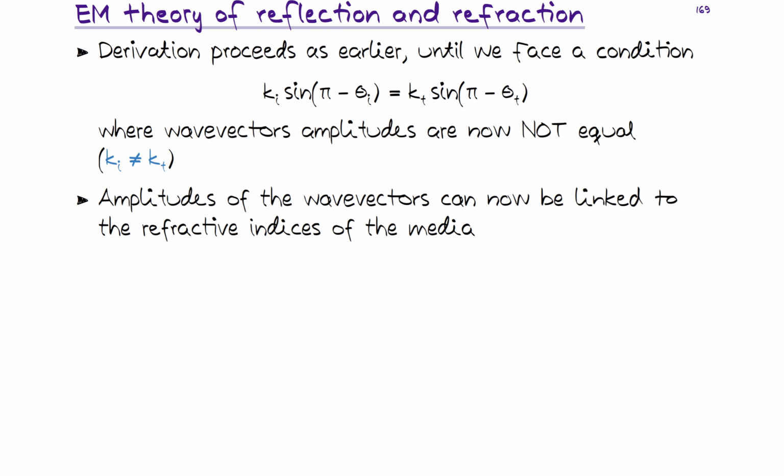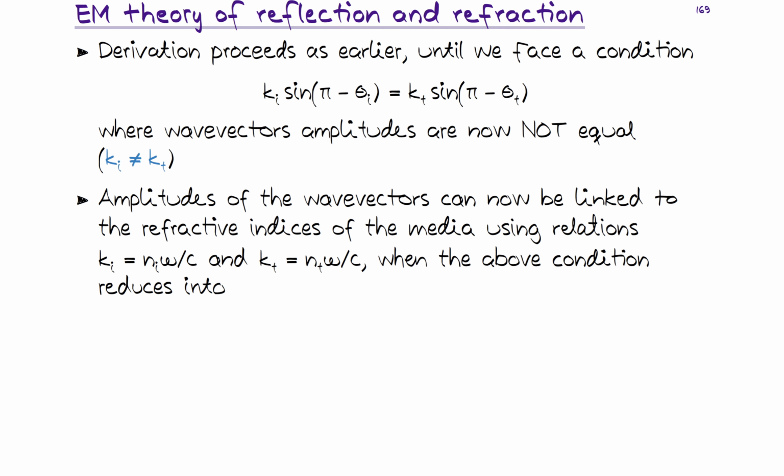We can link the amplitudes to the refractive indices of the media, using the relations familiar already from chapters 2 and 3: ki equals Ni, the refractive index of the medium I, times the angular frequency omega divided by the speed of light c, and of course the same thing for kt, with Nt as the refractive index, times omega divided by c.